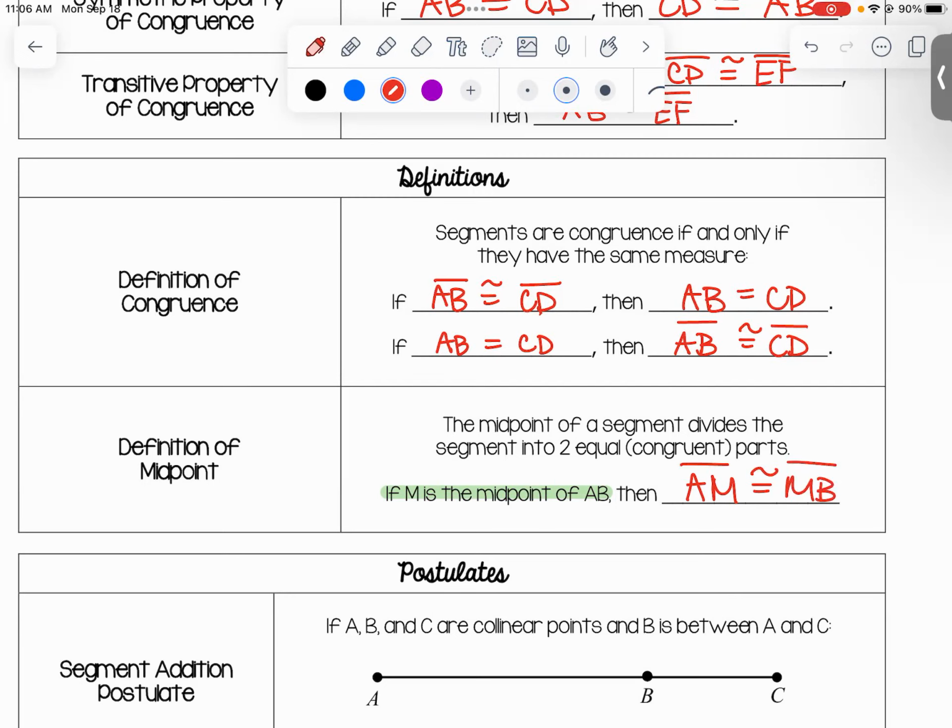If M is in the middle, it is breaking it up into two congruent pieces. I'm also going to make a note here. You could use this either way, whichever one is going to be to your advantage. You can use the congruent pieces, or you can use that the two pieces are equal. It depends on which one is going to be more helpful to you.